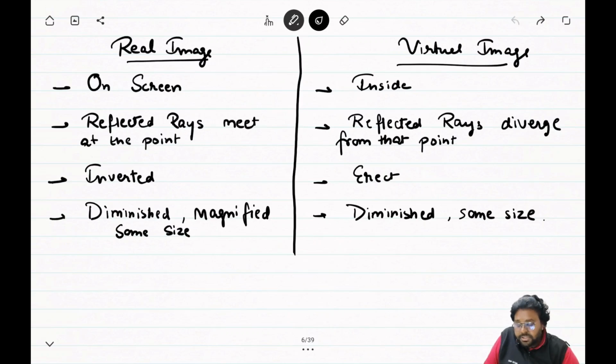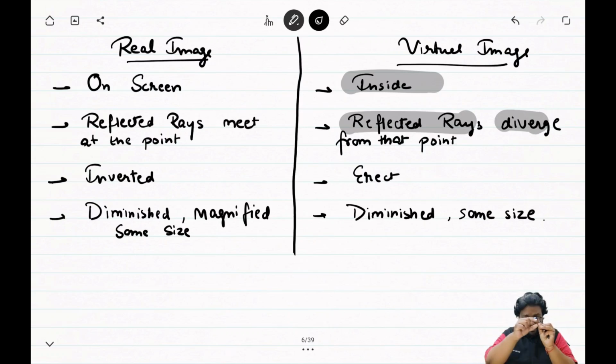Now talking about the virtual image. A virtual image we get inside the mirror. We look at our face inside the mirror, and we see ourselves inside it. The reflected rays diverge from a particular point.